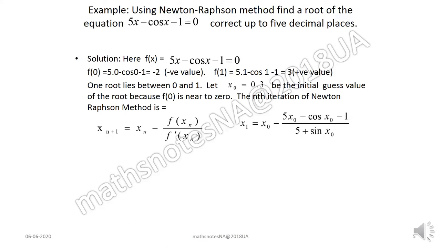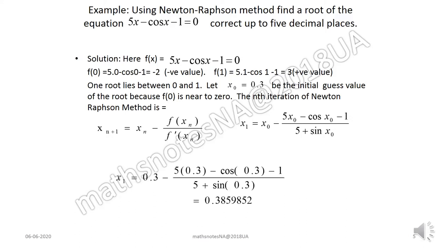The denominator is derivative of the function. Now we put x0 in this as 0.3 and calculate value of x1. So by putting x0 as 0.3 in this, we get value of x1 as 0.3859852. This is the first root or next better approximation of the root.